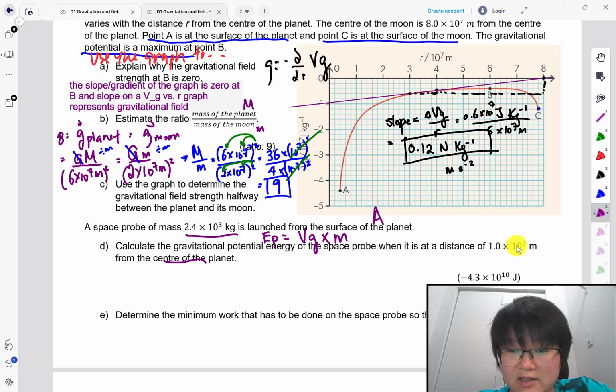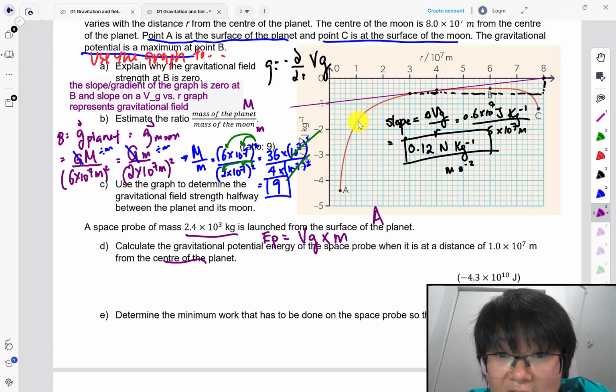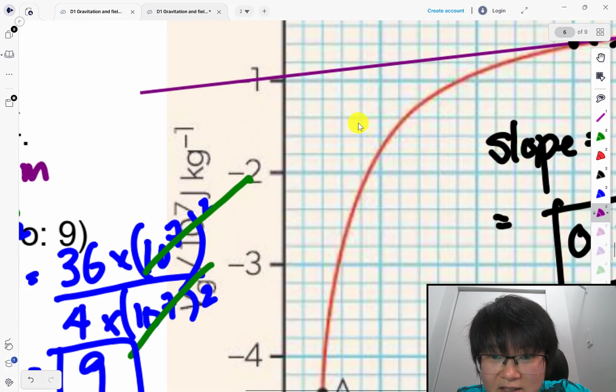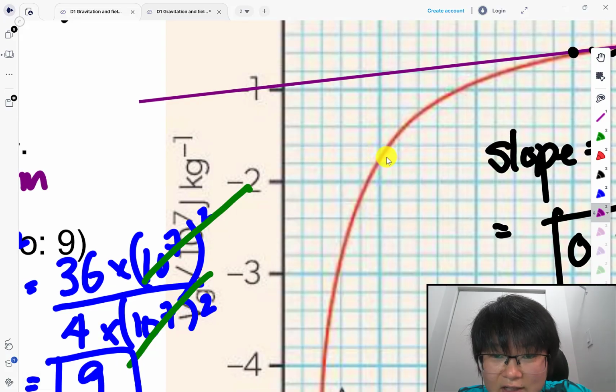So we just take the reading from the graph, as of course the whole point of the question is reading graphs. 1 times 10 to the power 7, so that's right there, relative to the center of mass of A at 0. And just by reading this graph, I get the luxury of zooming in.